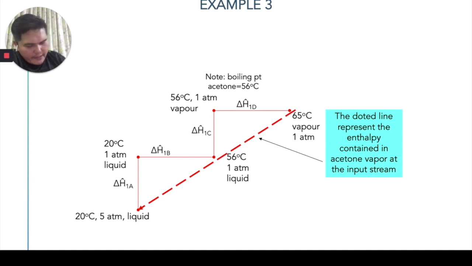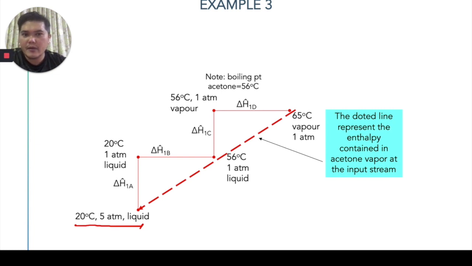When we pick acetone liquid at 20 degrees Celsius and 5 atm as its reference state, we need to imagine how it goes from 20 degrees Celsius and 5 atm liquid to 65 degrees Celsius vapor at 1 atm. Or we also need to figure out how 20 degrees Celsius and 5 atm liquid would become 20 degrees Celsius and 5 atm vapor.